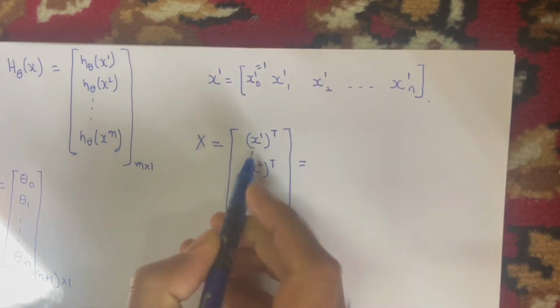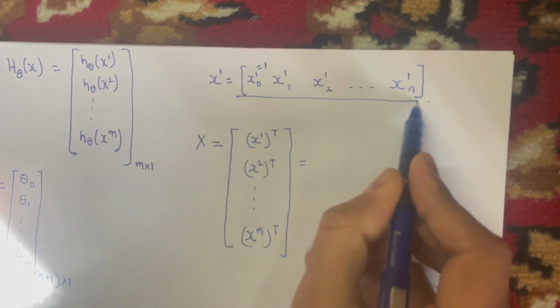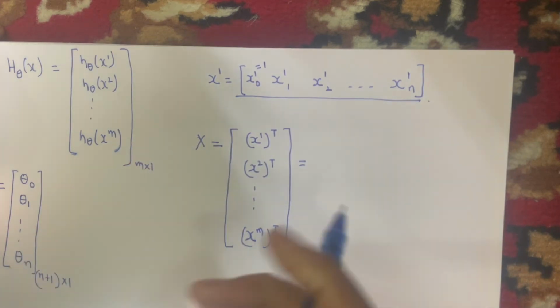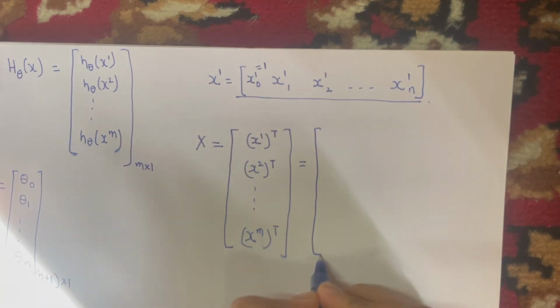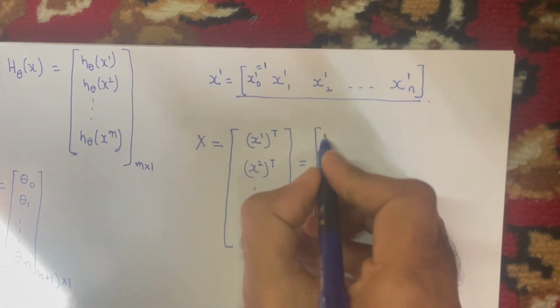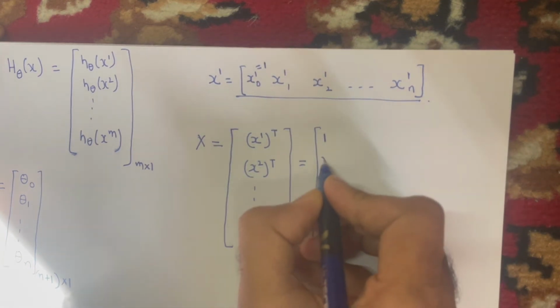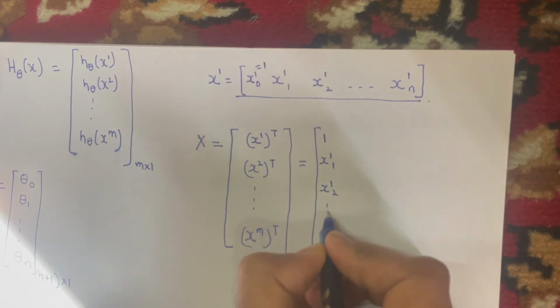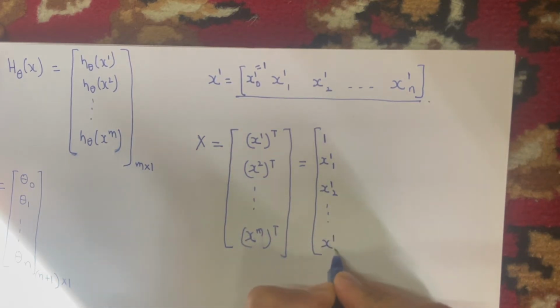Basically, what was x1? x1 was a row vector like this, and now I am writing its transpose, so this row will become a column. What will be the first entry? 1. What will be the second entry? x11, x12, dash dash dash x1n.